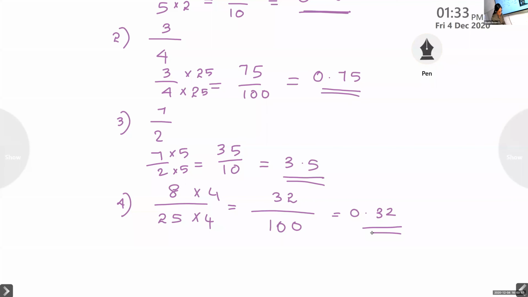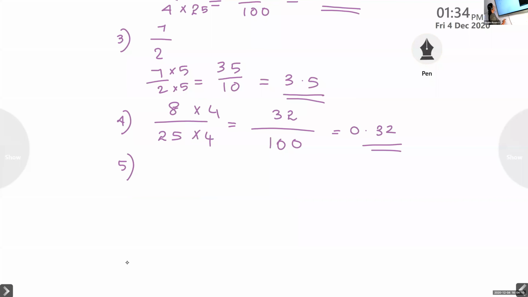Okay, children, now I hope you understood this. Somehow you make it as 1000 or 100 or something like that. So I'll give you one more question. If the question comes like this, 7 by 3, how will you make it as decimals?